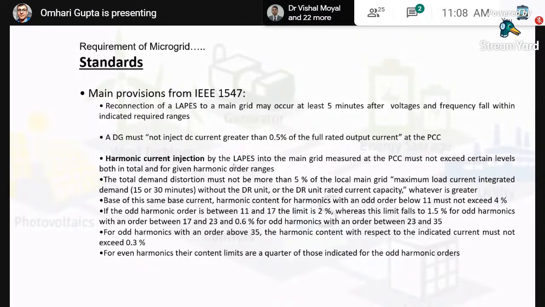Reconnection of the island to the main grid may occur at least 5 minutes after voltage and frequency fall within the required ranges. So there are a lot of things we have to take care of in terms of THD, voltage magnitude, and frequency. And if voltage and frequency fall outside the limit, you have to disconnect. You will have different clearing times accordingly.